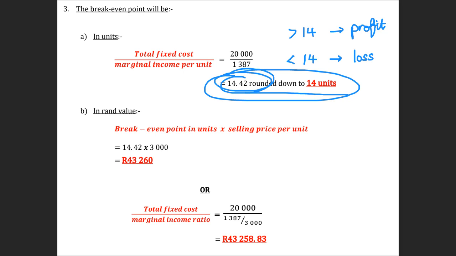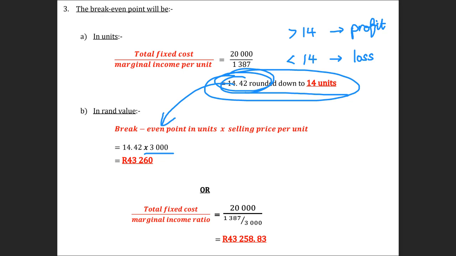Take the decimal figure and use it in your calculation here in terms of your break-even, and then multiply it by the selling price. So that's 14.42 multiplied by the selling price of 3,000, and that gives you a break-even in sales of 43,260.